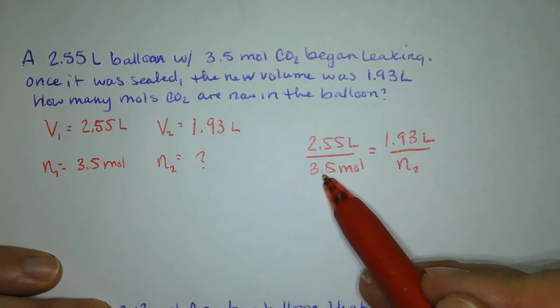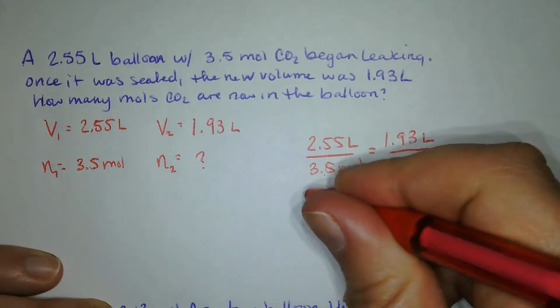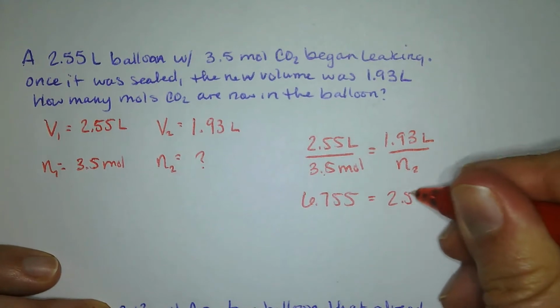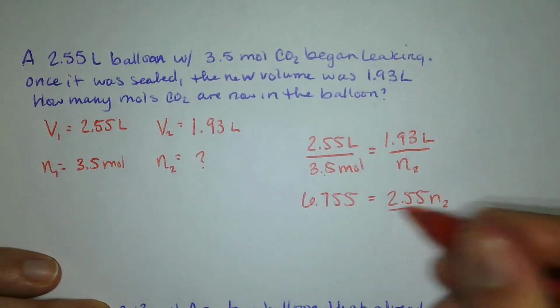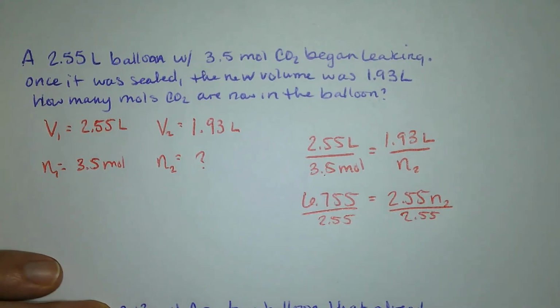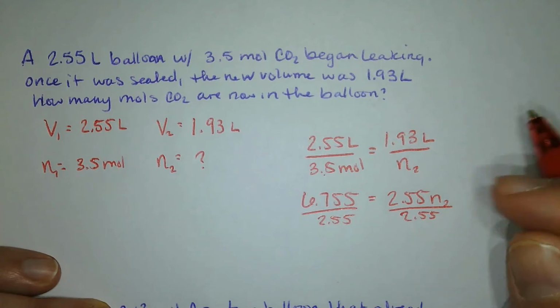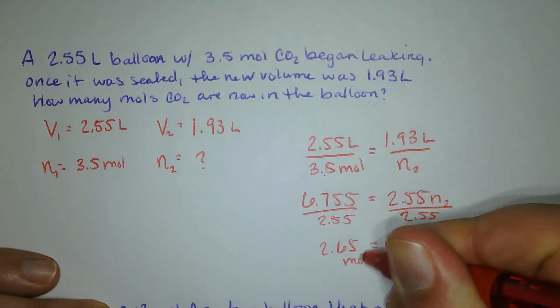All right, so 3.5 moles times 1.93 liters is 6.755 equals 2.55 times N2, is just 2.55 N2. All right, so now take the 6.755 and divide by the 2.55. And I'm getting 2.65 moles. So N2 equals 2.65 moles.